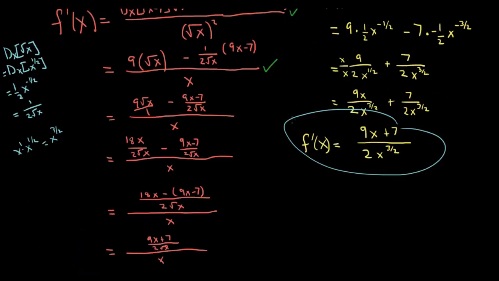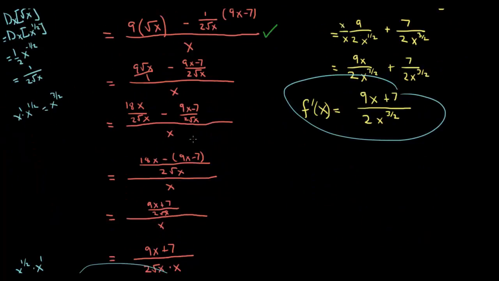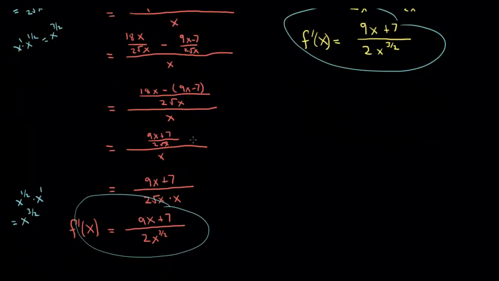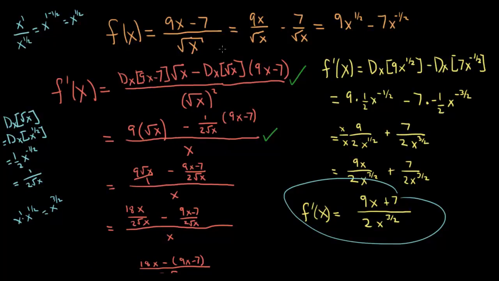Again, just to recap, you could take the function as is and use the quotient rule. There's a pretty significant amount of simplification required. Otherwise, you could rewrite the function to start with, so do a couple steps of simplification on the front end and use the power rule, then you'll have a little less simplification afterwards.